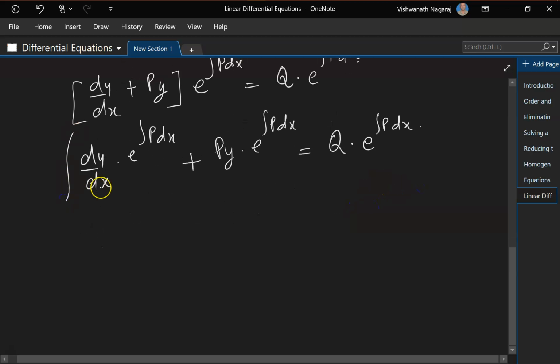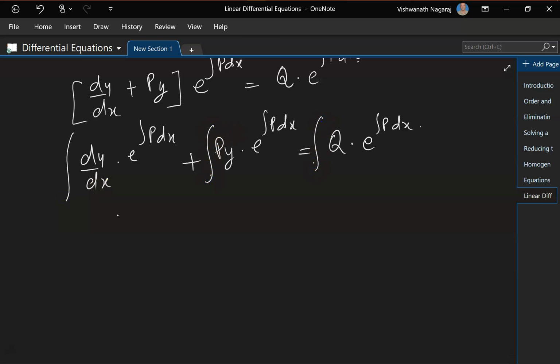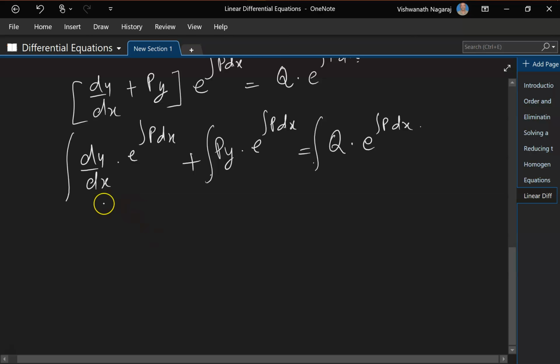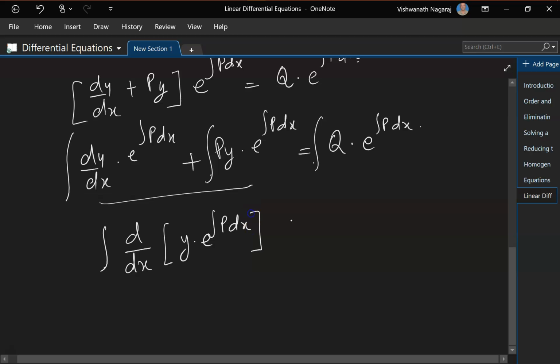Now we integrate all the terms. When we integrate, what happens? Observe this carefully. This entire left side is nothing but the differential of y times e to the power of integral of p dx; when we differentiate this term, we get these two terms, equal to the integral of q times e to the power of integral of p dx.